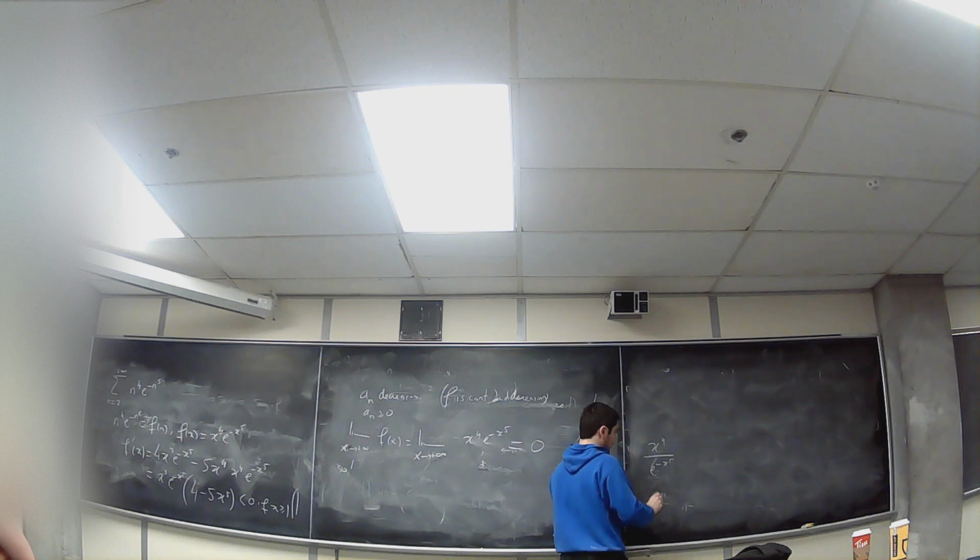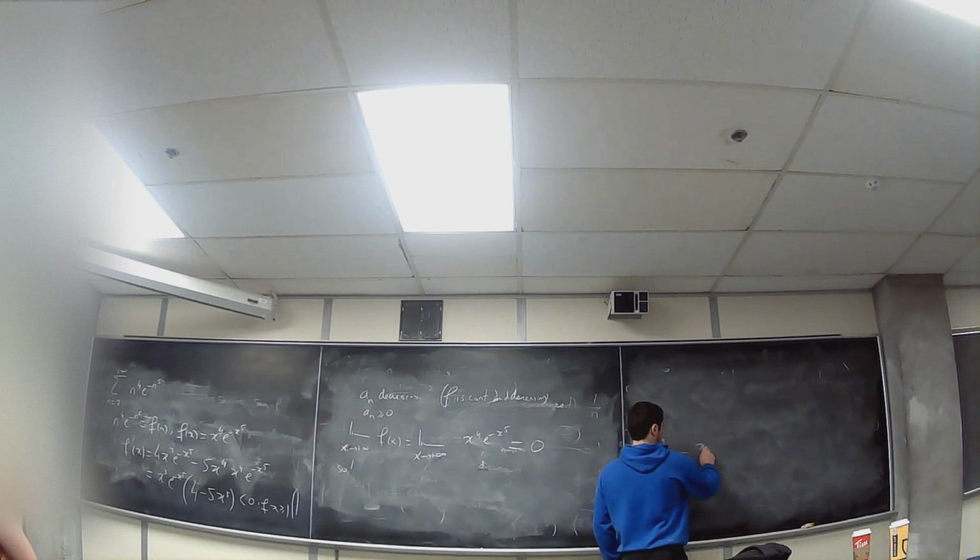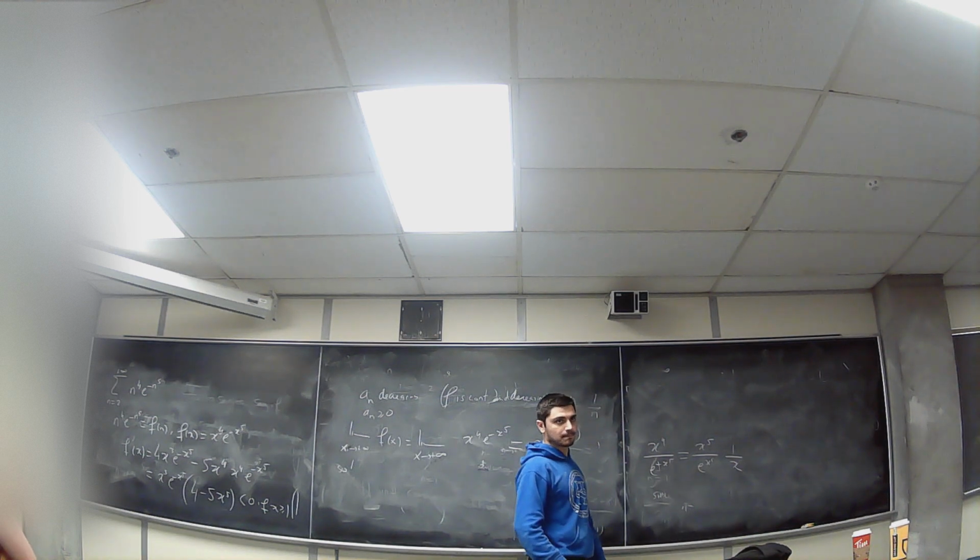So you have x to the 4 over e to the x to the 5, right? What I would suggest is to put it this way, and then work with, in case you're stuck, u over e to the u.